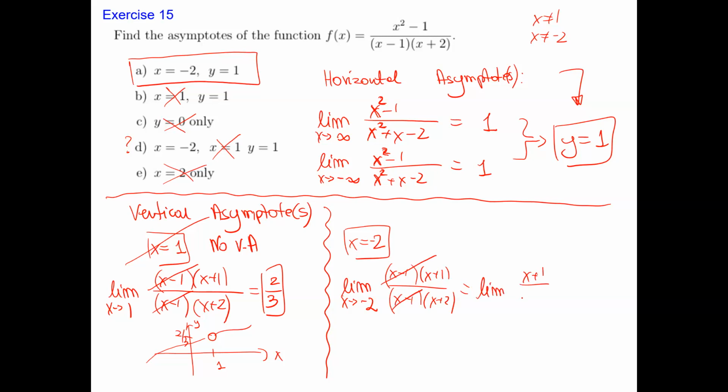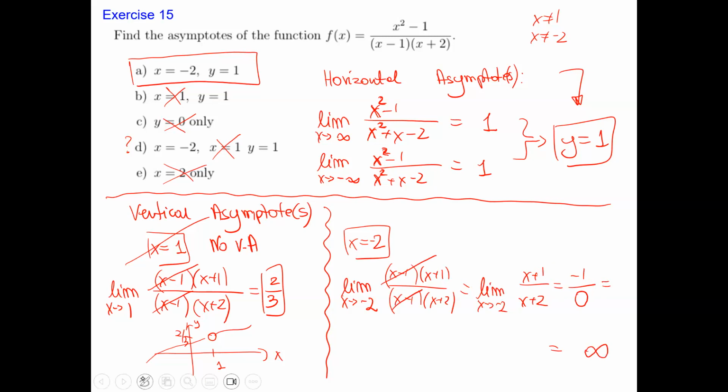So x plus 1 over x plus 2, and x is approaching -2. -2 plus 1 is -1. -2 plus 2 is 0. That means -1 over 0, over a small number, will be a big number.